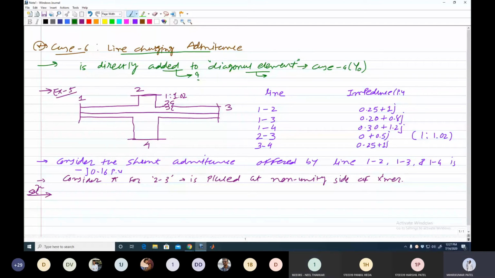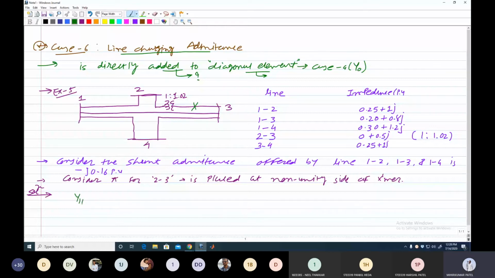You have to calculate the Y bus by removing line number 2 and 3 from the network. Clear? After removing this line from the network, you have to calculate Y11.